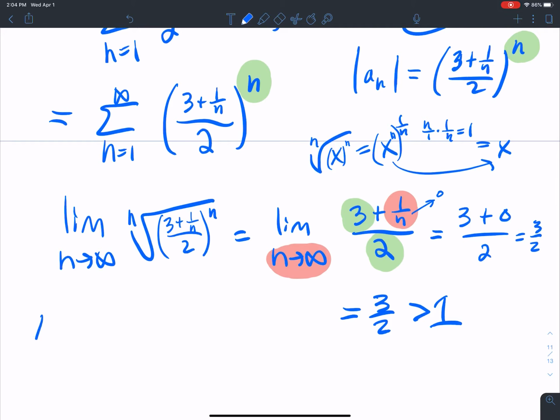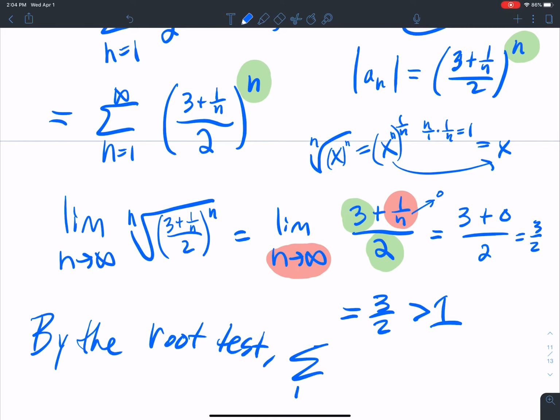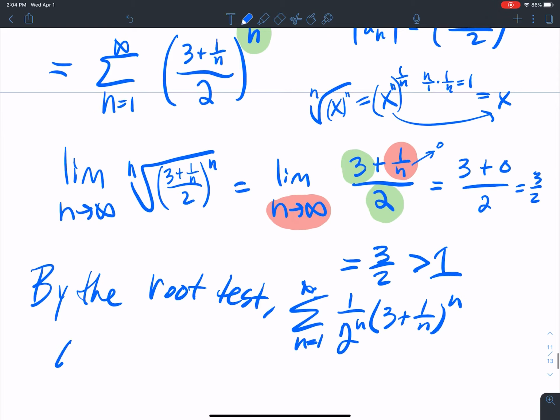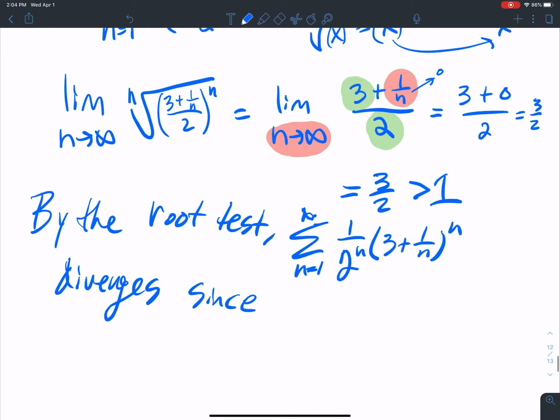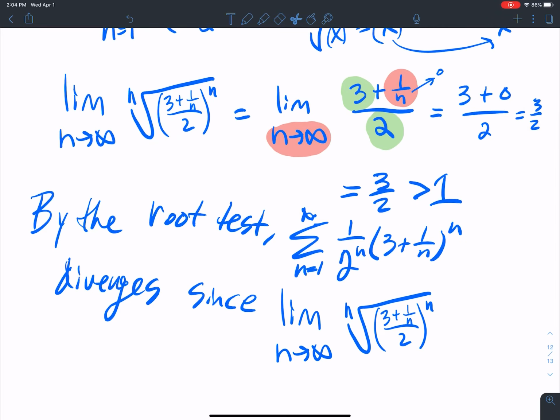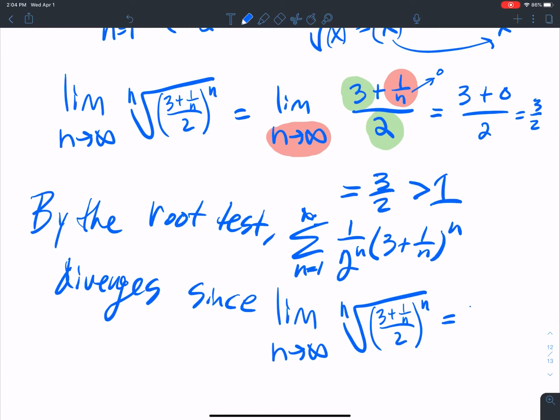By the root test, the series from n equals 1 to infinity of 1 over 2 to the n times (3 plus 1 over n) to the n diverges, since this limit right here equals 3/2, which is greater than 1.